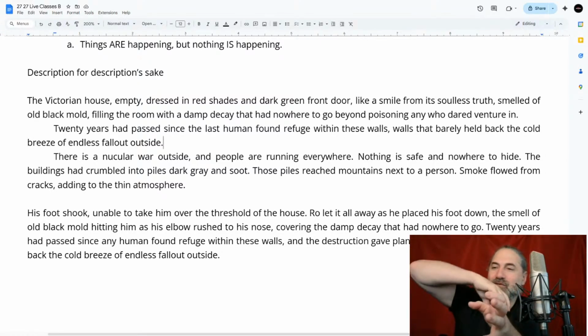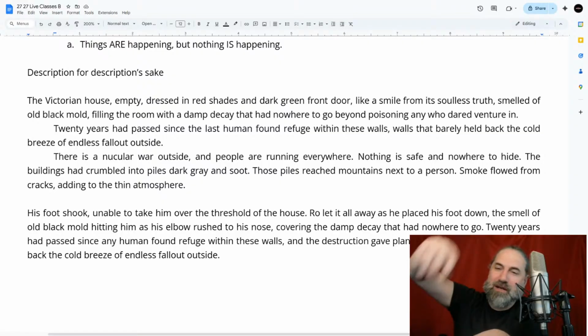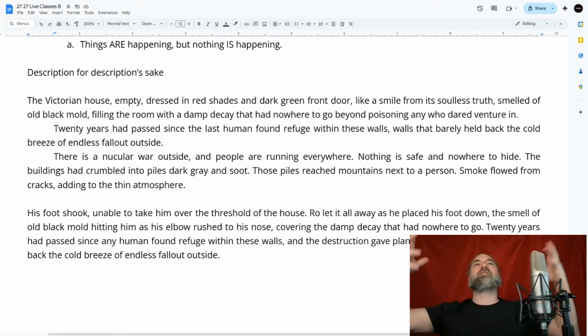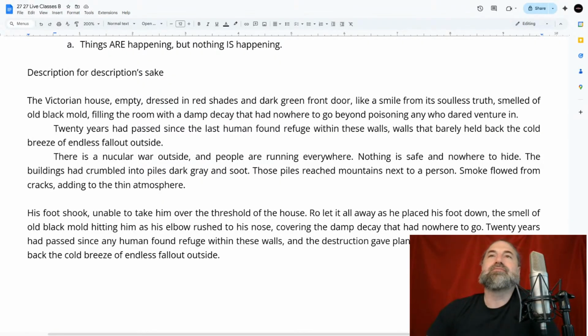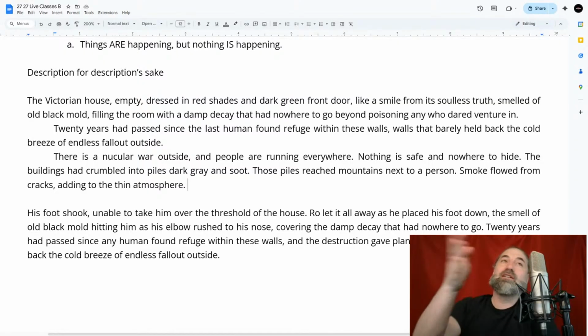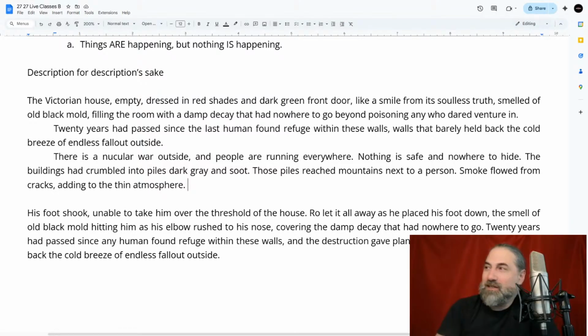Following the wood all the way to the grass would be description for description's sake. It might be interesting. It might even be a visual that, if we were watching a movie, the wood itself becomes the character that we follow through the lens of the camera, because the POV is on the wood.